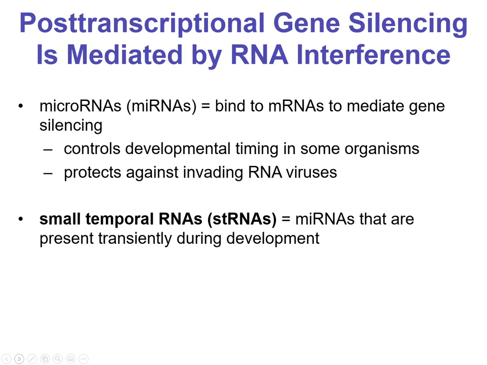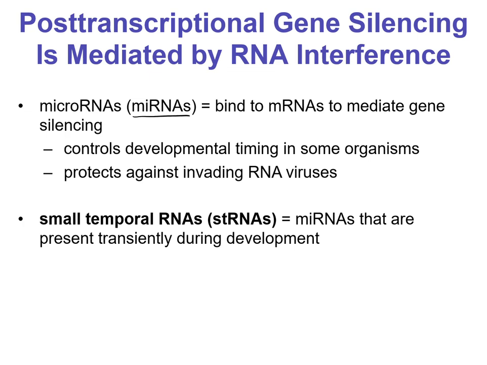There's also lots of gene silencing that's mediated by what's called RNAi, which stands for RNA interference. MicroRNAs, abbreviated miRNAs, will bind to mRNAs and mediate gene silencing. This is critical in developmental timing in some organisms.